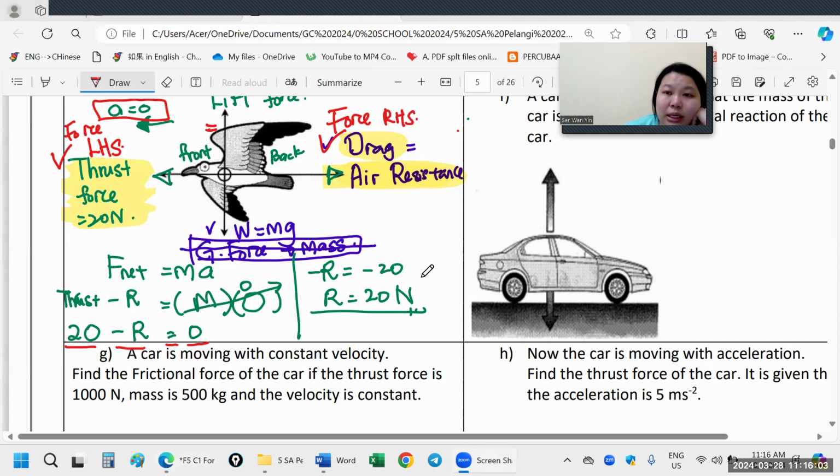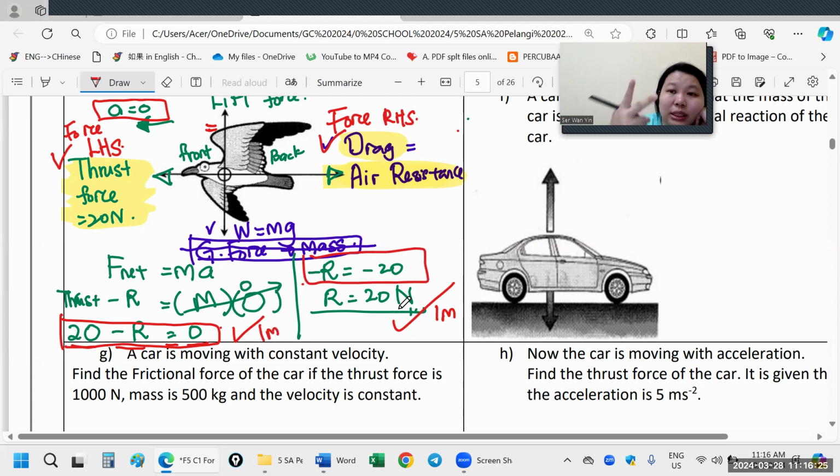Normally this question is only 2 marks. Final answer 1 mark. Substitution 1 mark, means you need to substitute the numbers. Either this or this, 1 mark. 2 marks only.